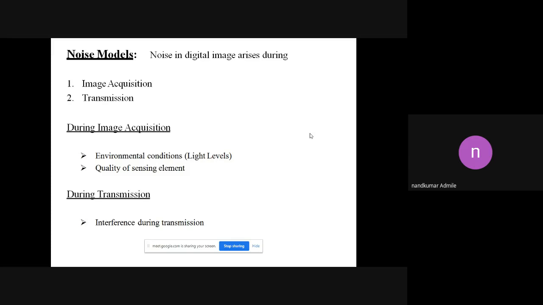So in image acquisition, noise can be added due to the effect of light, and in image transmission, some noise can be added to images due to the interference of signals.